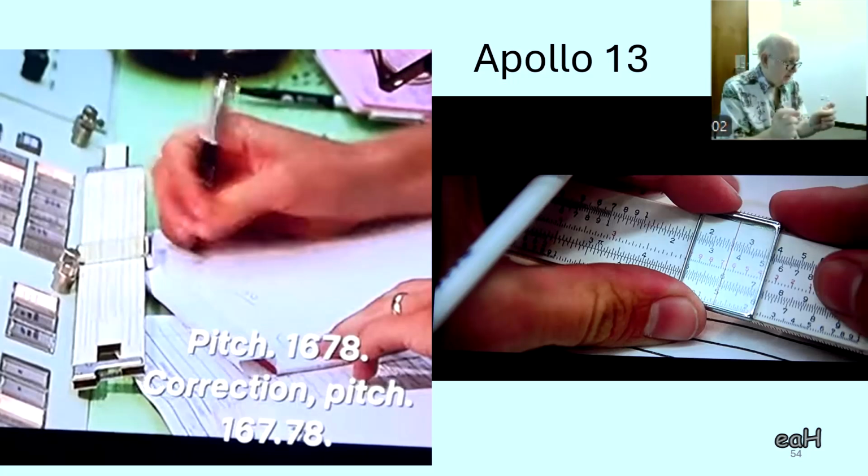These guys have their little slide rules in space, and on the ground they're checking and comparing the numbers. If they don't get the numbers right, they're going to be lost in space. That's why I say the slide rules saved Apollo 13. These two pictures up here are from the movie, where they show them using their slide rules to do the calculation.